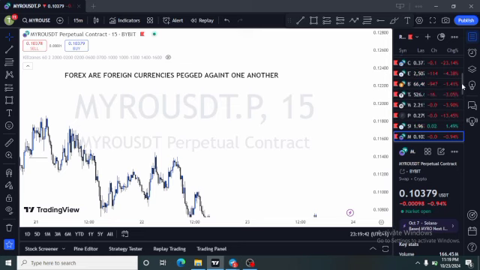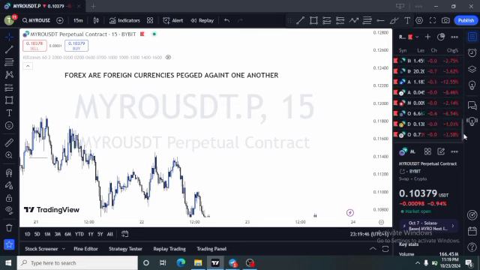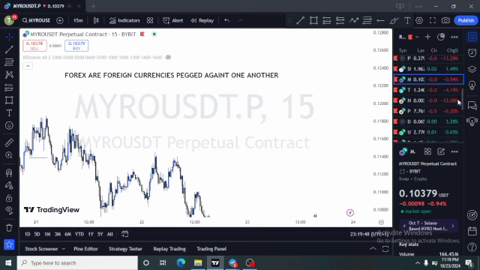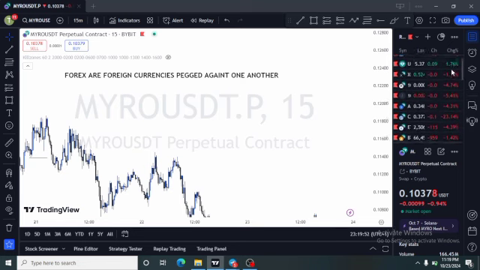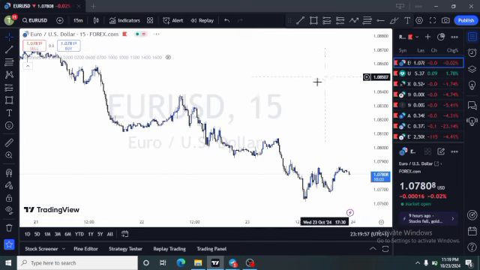So basically what forex is, is just one currency pegged against the other, just like the euro USD is just the euro pegged against the US dollar. There's nothing much to see there.